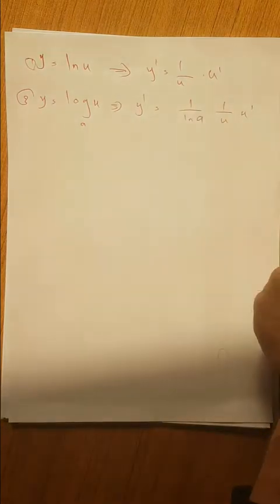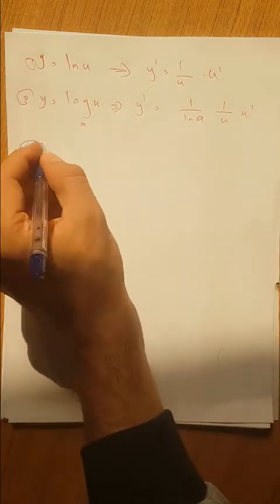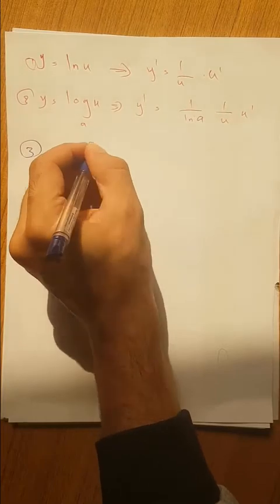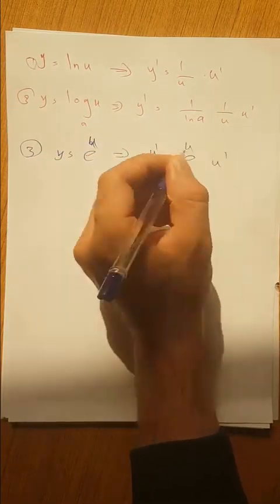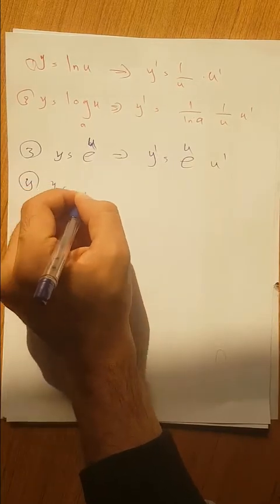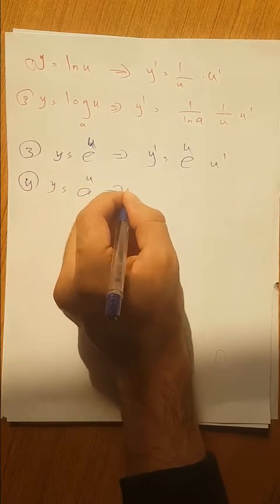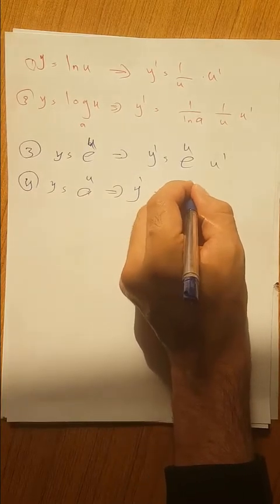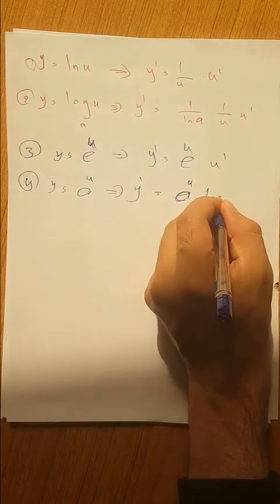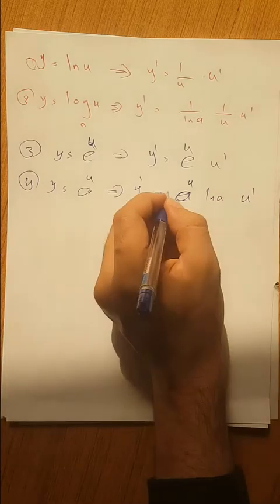And for the exponential in general, if you have e to the u, you can say y prime is equal to itself times u prime. In case you have a number, you can say directly it is equal to a to the u, times ln of a, times u prime.